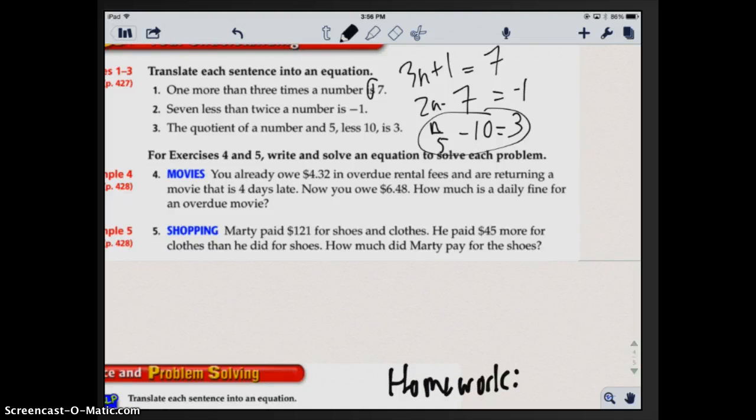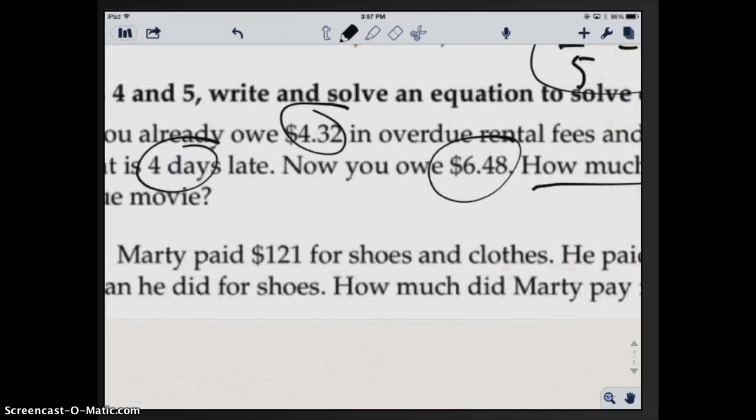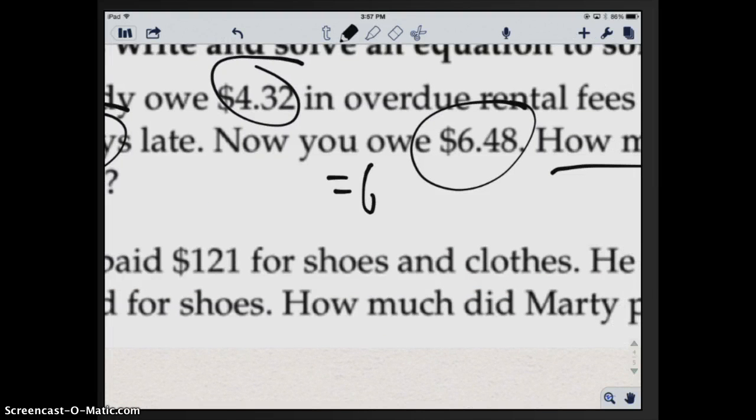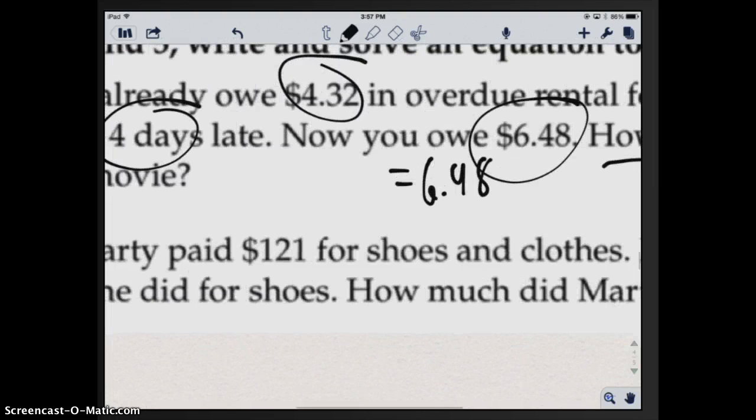For number 4 and 5, I'll just show you the equation and then what the answer is so I can make sure to get to the homework. You already owe $432 in overdue rental fees and are returning a movie that's 4 days late. Now you owe $648. How much is a daily fine for an overdue book? Okay. So the total is $648. You owe $648 now. It started off at $432.